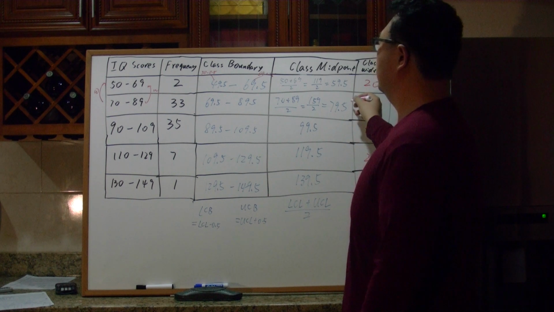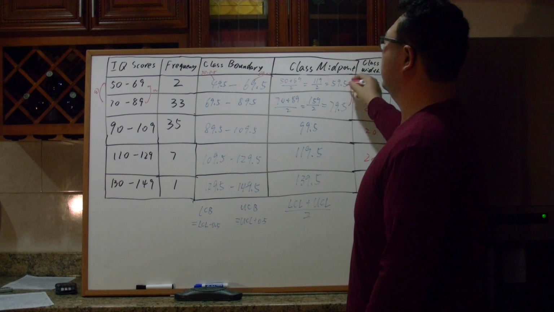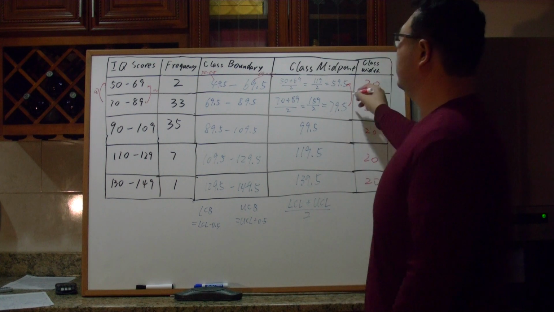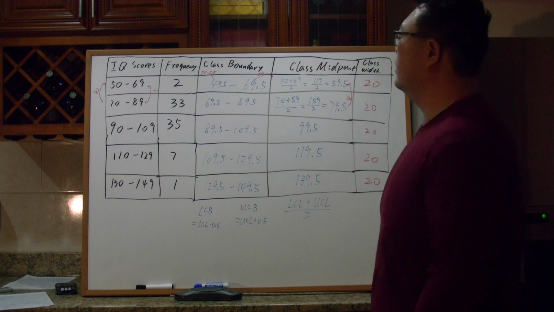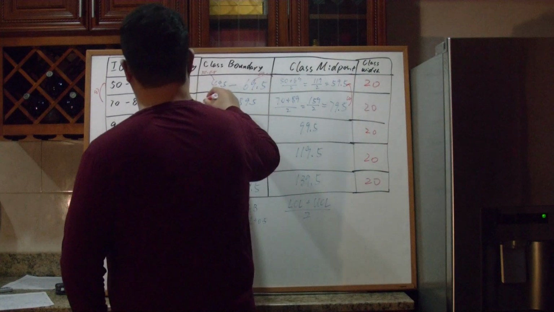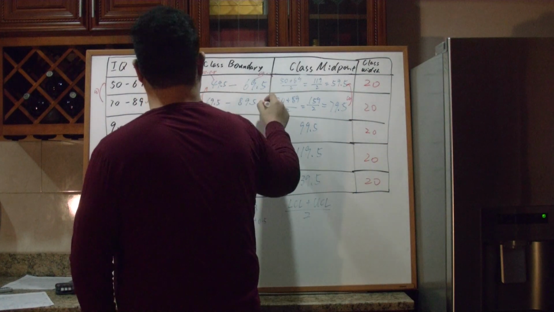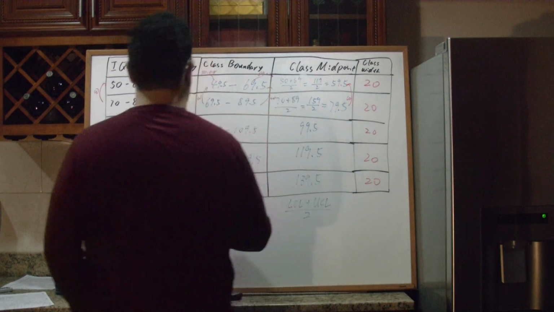Another thing we can observe is that the difference between the class midpoints should also be the width. Also, the difference between the boundaries should be the class width as well.